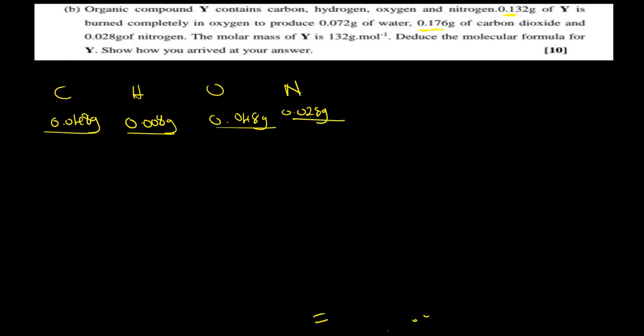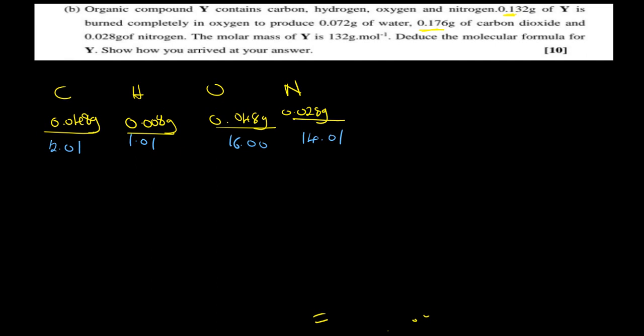The molar mass of carbon is 12.01. This one is 1.01. This one is 16.00. Then for nitrogen it is 14.01.